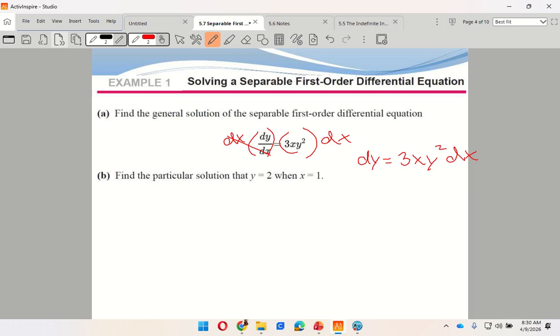What goes next? Divide by y squared, right? Yeah. Divide both sides by y squared.